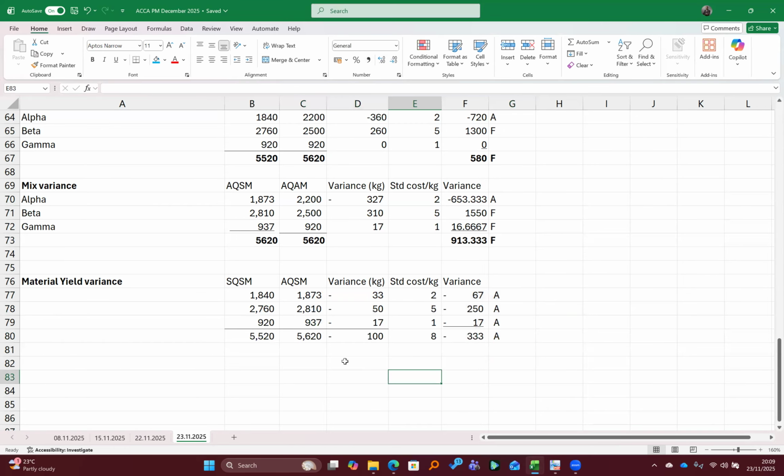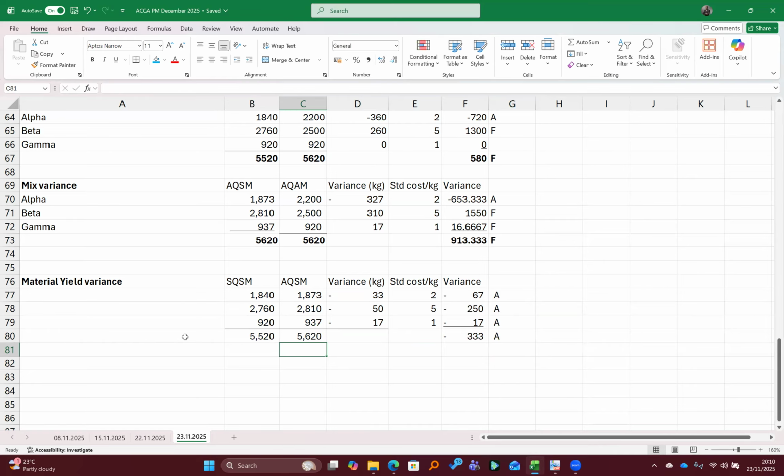Okay. So that is the material yield variance.